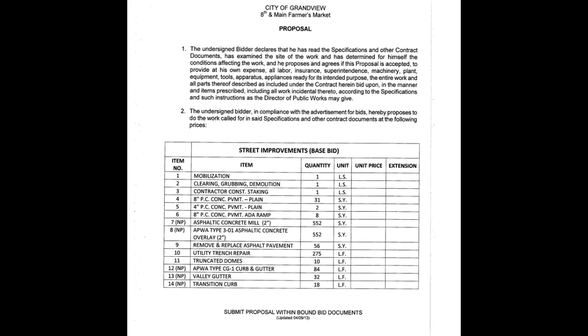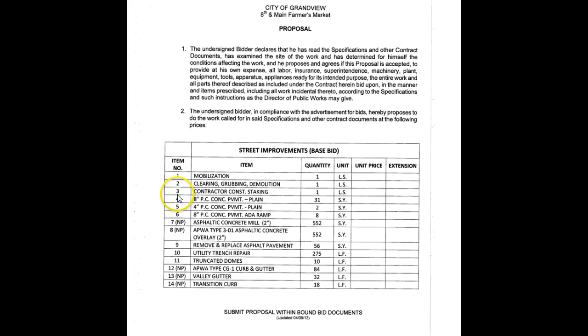The heart, though, of the proposal comes in the boxes, and you'll see that there are different items, and they're numbered items, and the items are broken into groups. In this first page, you see street improvements.